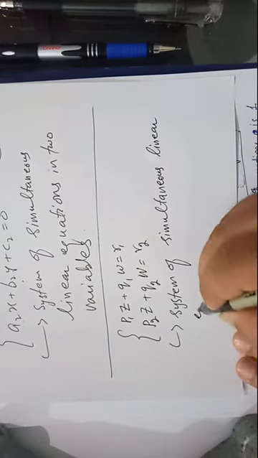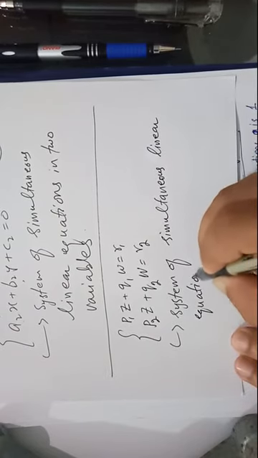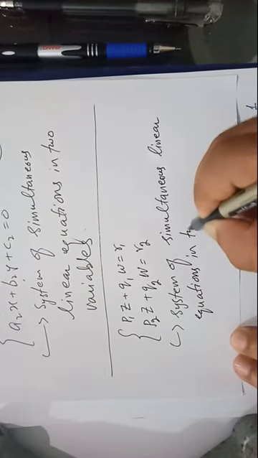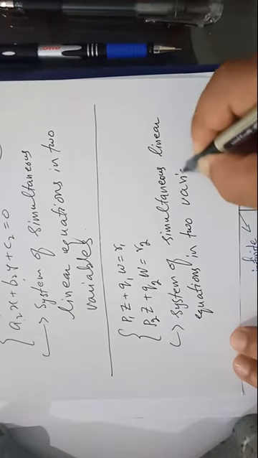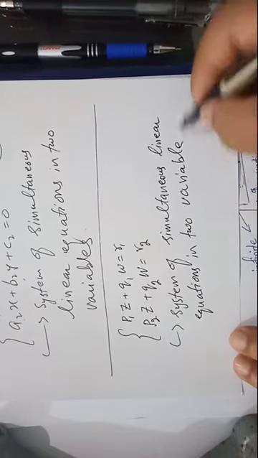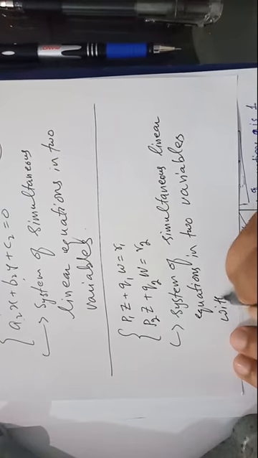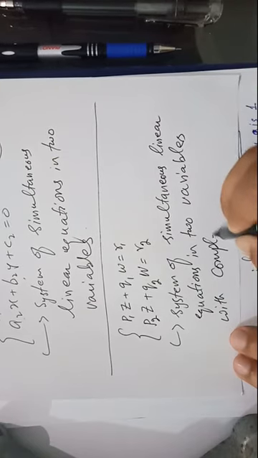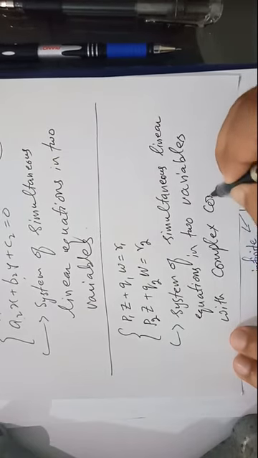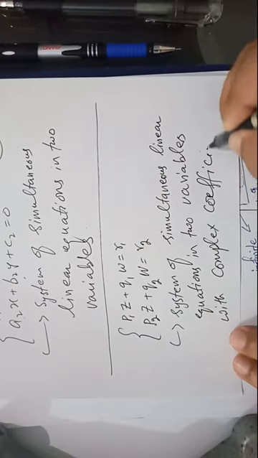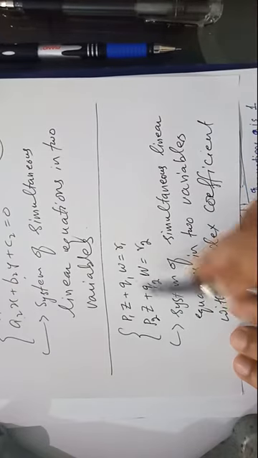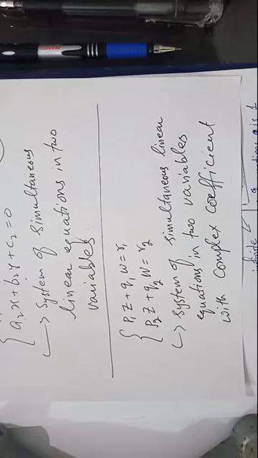So this is a system of simultaneous linear equations in two variables with complex coefficients. In that case this p1, q1, p2, q2 must belong to the set of complex numbers.